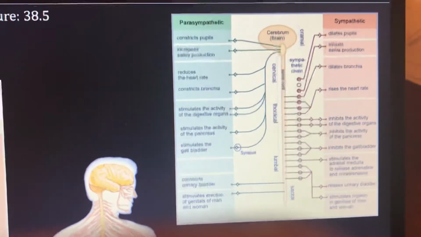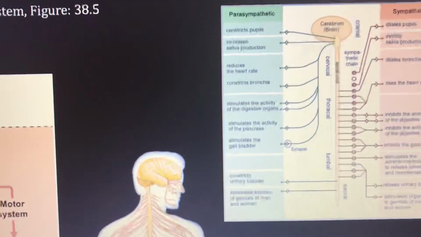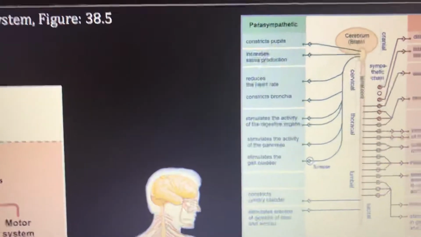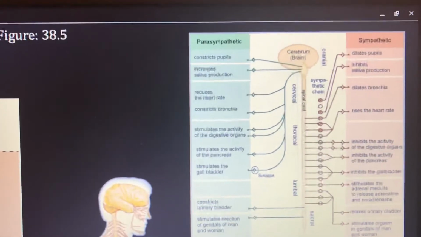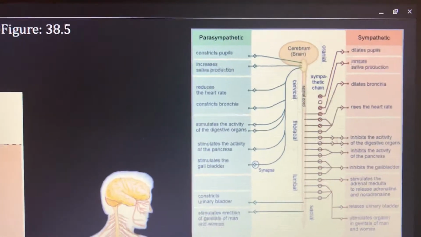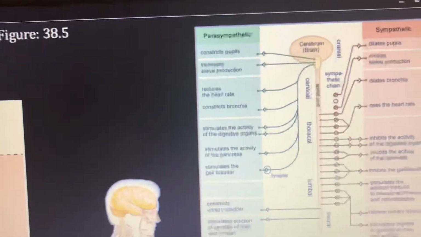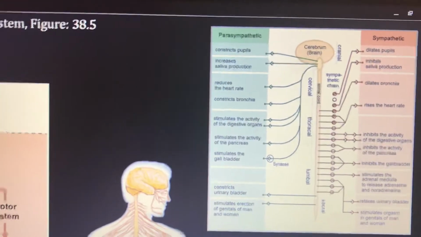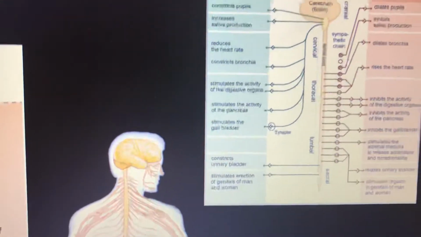The parasympathetic is known as rest and digestion because these are usually the things our body does involuntarily while we're in a relaxed state, compared to the sympathetic, which is what our body does when we're facing traumatic or high stress periods. The sympathetic is known as fight or flight, and this one is rest and digest, so like rest and relaxation.